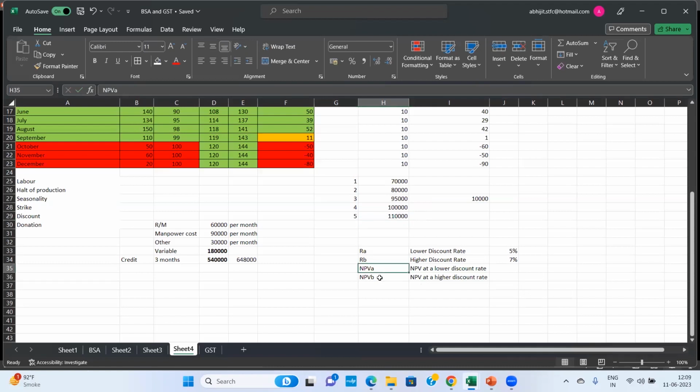Can I calculate NPVA and NPVB when I know my RA is 5%, RB is 7%? Can I do that? Yes, no? Yes. Please calculate NPVA and NPVB and write down. This is your cash flow on year-on-year basis. Calculate NPVA and NPVB.